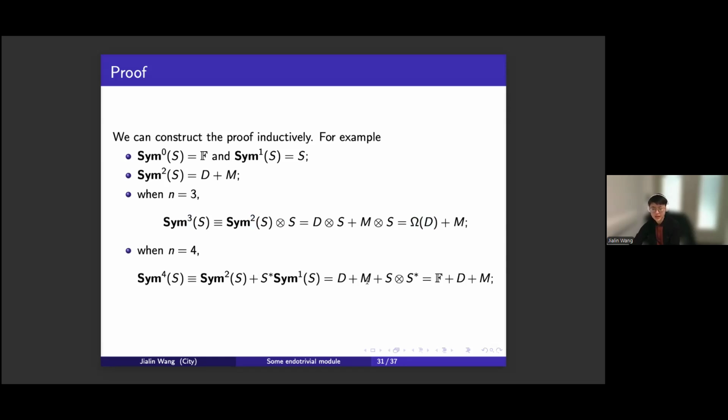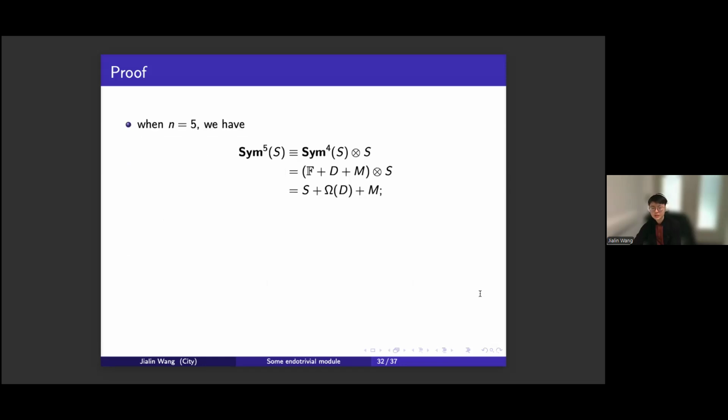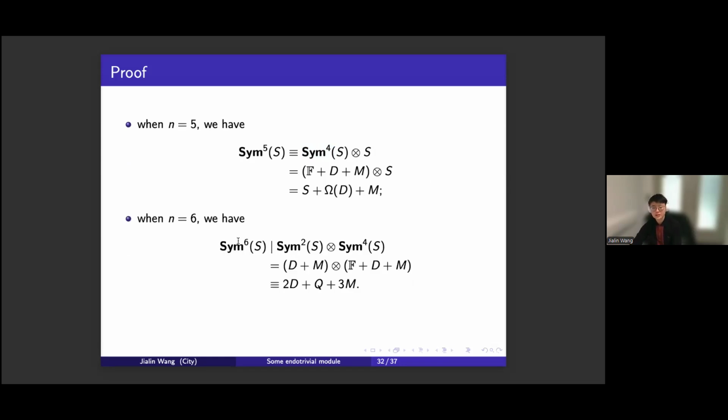So you get D plus M plus S times dual of S. But S is endotrivial, so this is just F. So you get F plus D plus M. And when n is 5, you get back to the odd case, you directly take the fourth symmetric power times S. So you get S plus omega D plus M. And when n is 6, it's a direct summand of the right-hand side, so you do the multiplication, and so on. So basically, this is how we prove the main result.